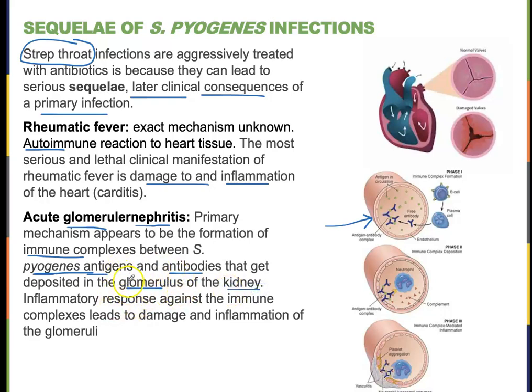The glomerulus is going to be the area where your blood is filtered. So that is a really important place of our kidneys. It's basically the working filter of our kidneys. And if you have inflammation there, your kidneys are not going to be able to function properly. So it can lead to damage and inflammation of this area and subsequently kidney failure if you don't treat it.